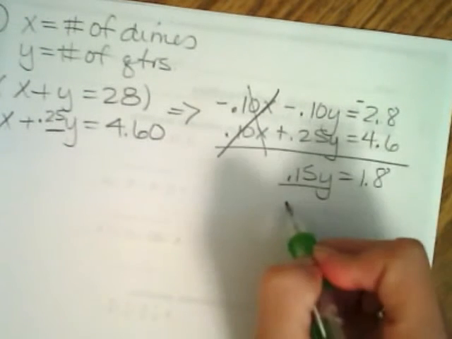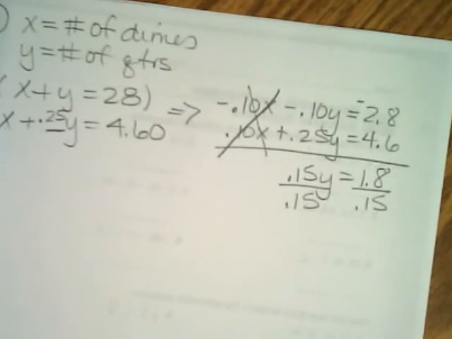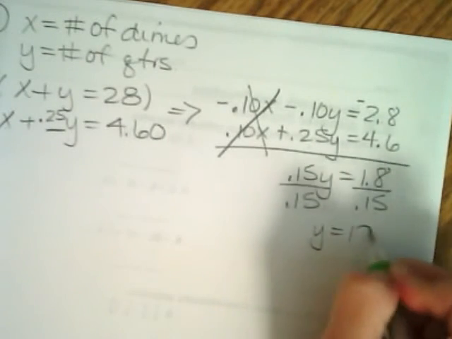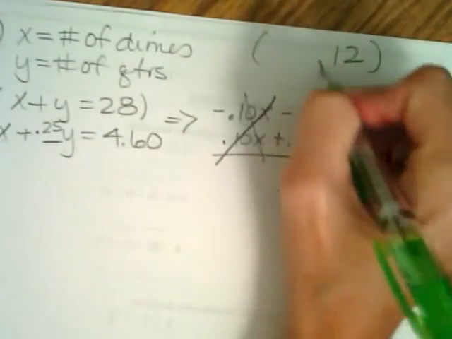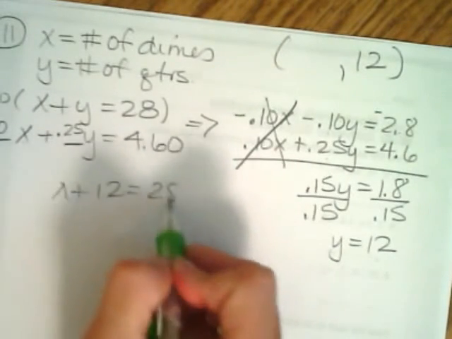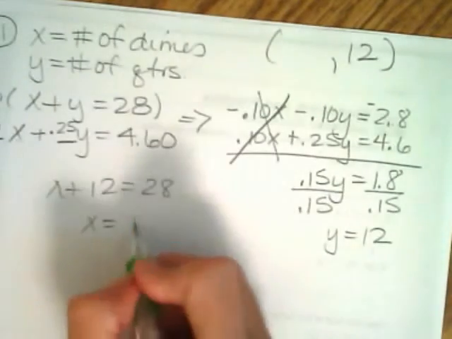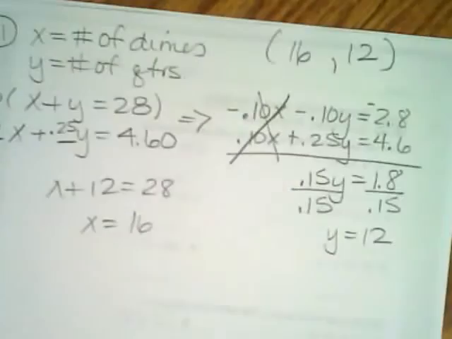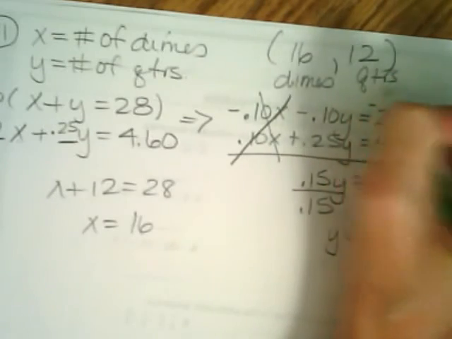I divide. So y is equal to 12. So if y is 12, x plus 12 is equal to 28. x is equal to 16. So what do I have? 16 dimes and 12 quarters.